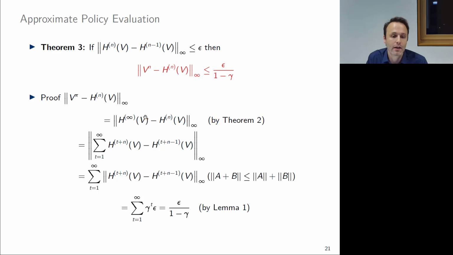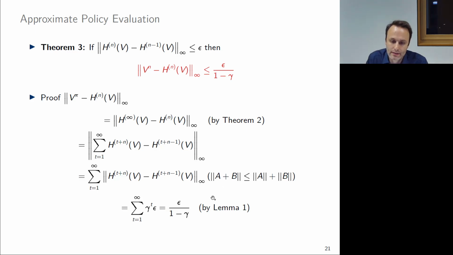And now we can see that if we have infinitely many iterations, that's a sum that goes to infinity, and that sum involves the discount factor. Using this further property, we can see that it's a geometric sum of the discount factor, and so we end up with epsilon over 1 minus gamma by lemma 1.